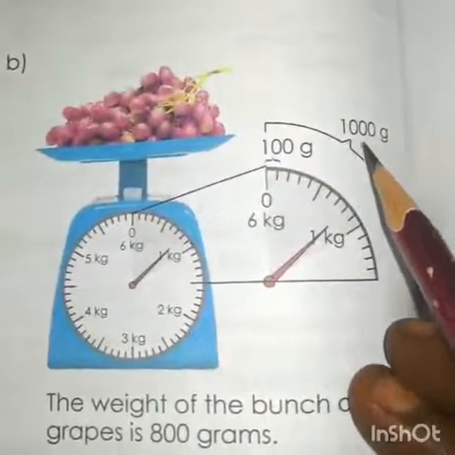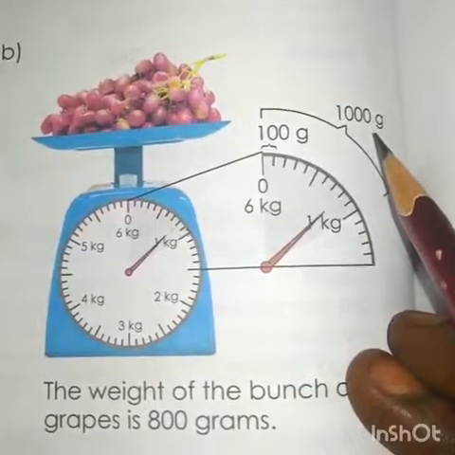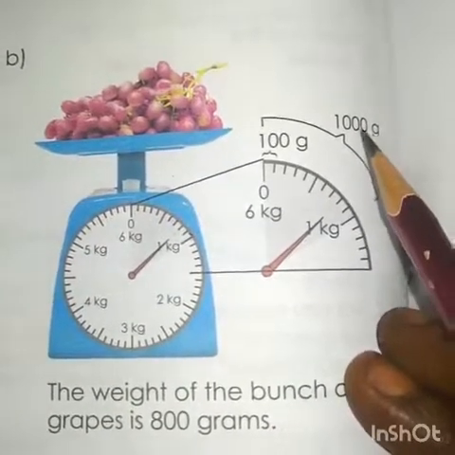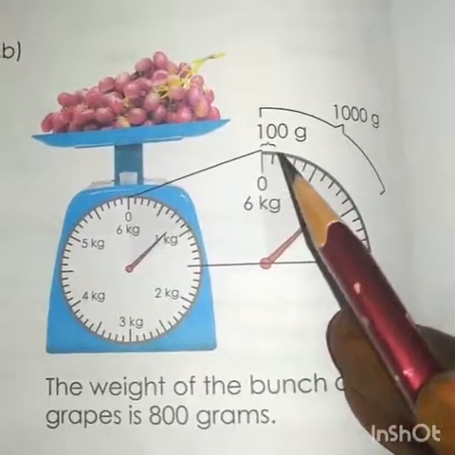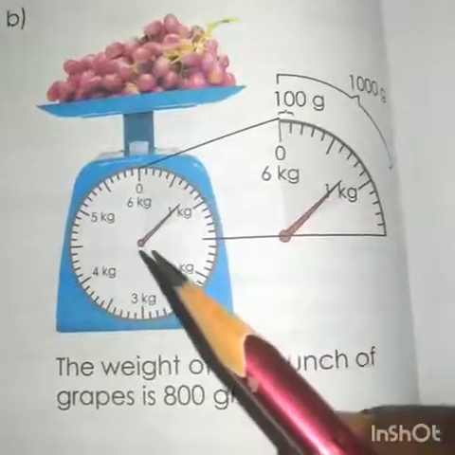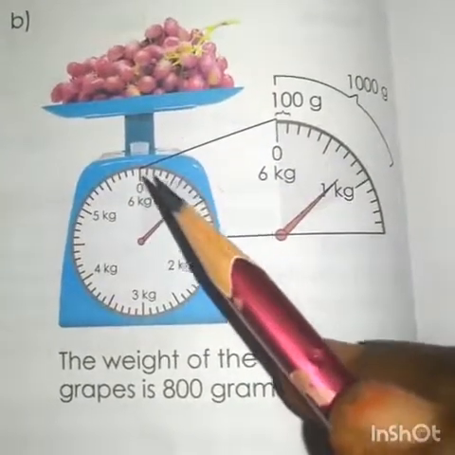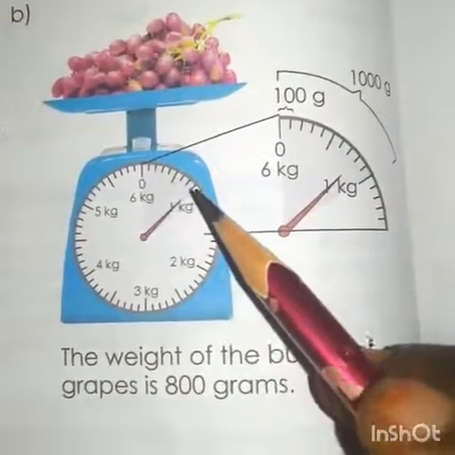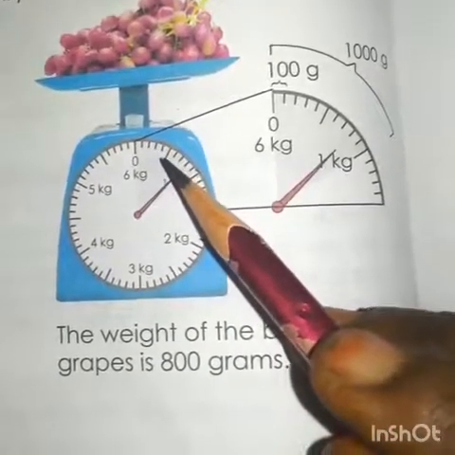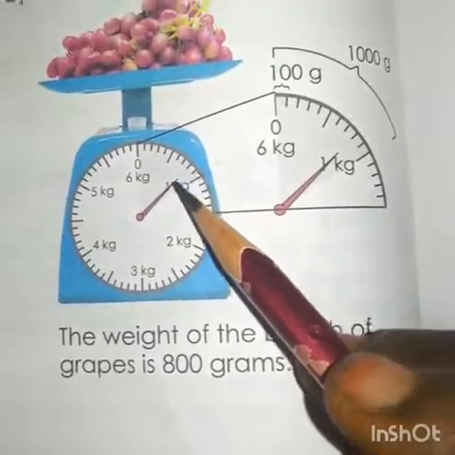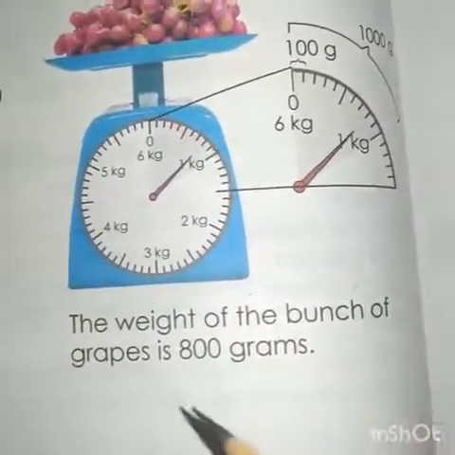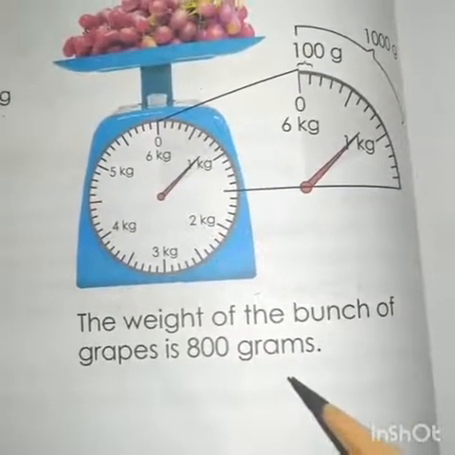So 1000 gram divided by 10 lines, we will get 100 gram for each line. So the weight of the bunch of grapes is 800 gram because the red line indicates the 8th line. So 100, 200, 300, 400, 500, 600, 700, 800. The weight of the bunch of grapes is 800 grams.